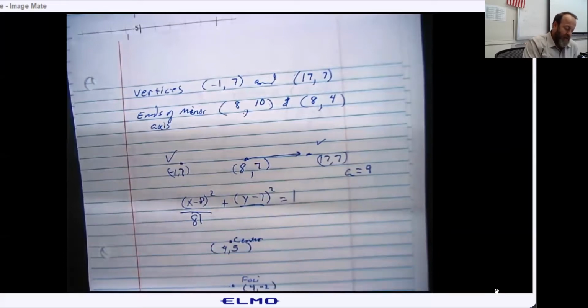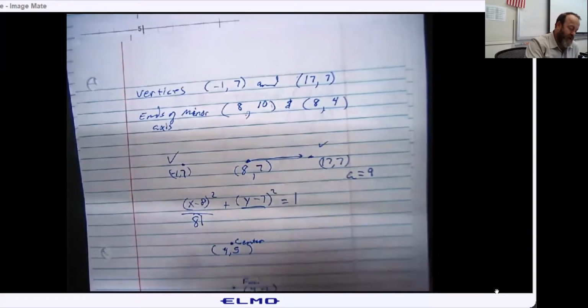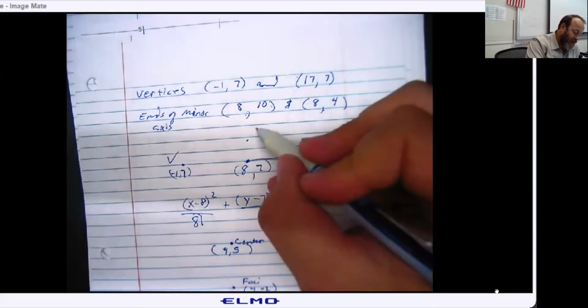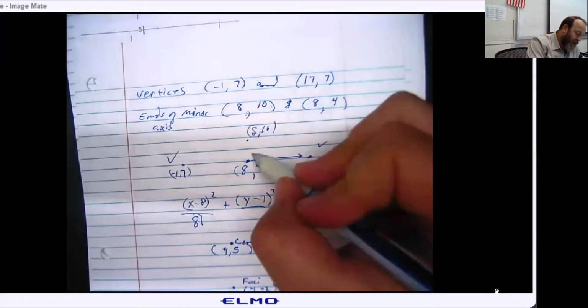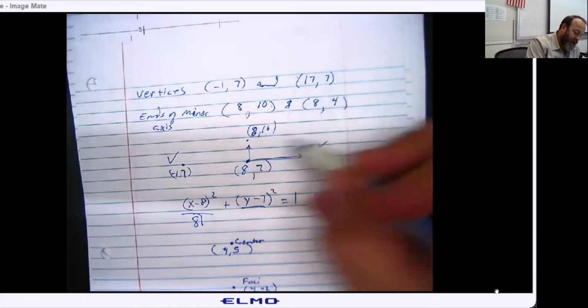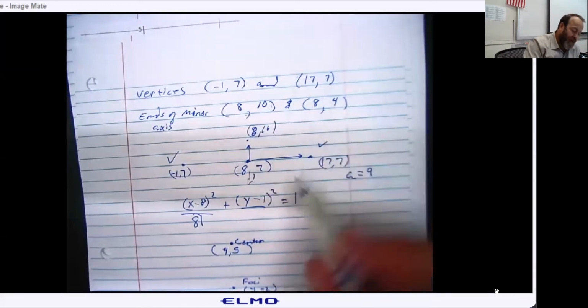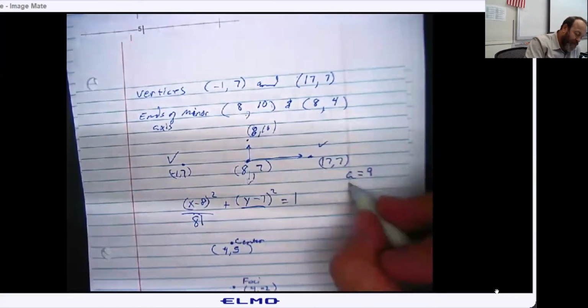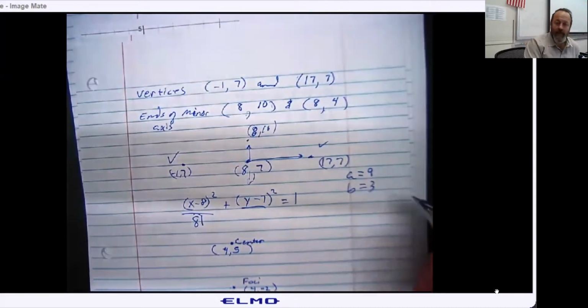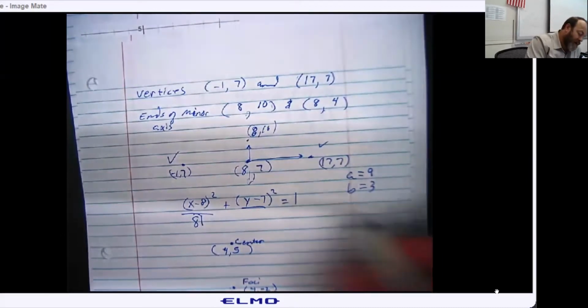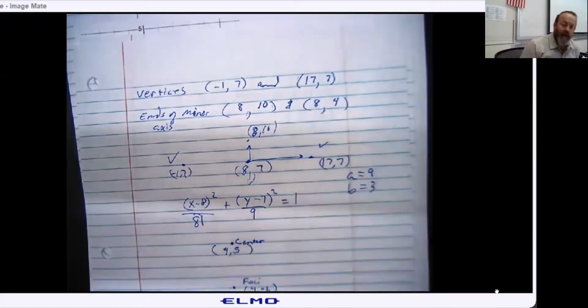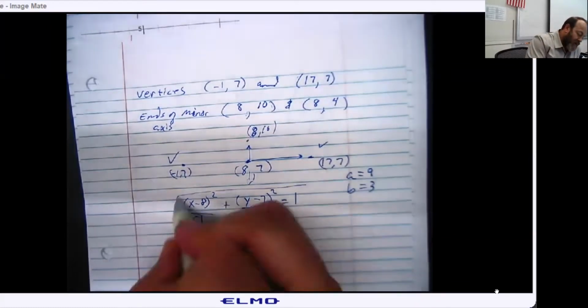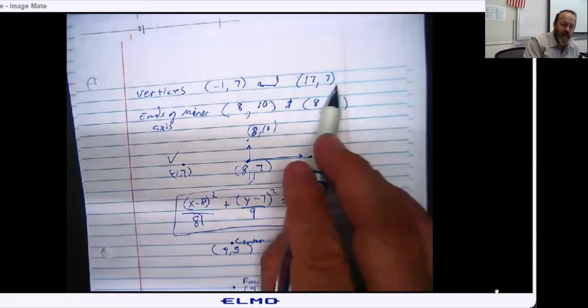Now, the last thing is it says the ends of the minor axis are at 8, 10. That's up here. So it looks to me like 8, 10 up here went up 3, and 8, 4 is down 3. So since we went up 3 and down 3, that makes B the number 3, and that's going to make a number 9. And I now have the equation of the ellipse with those characteristics.